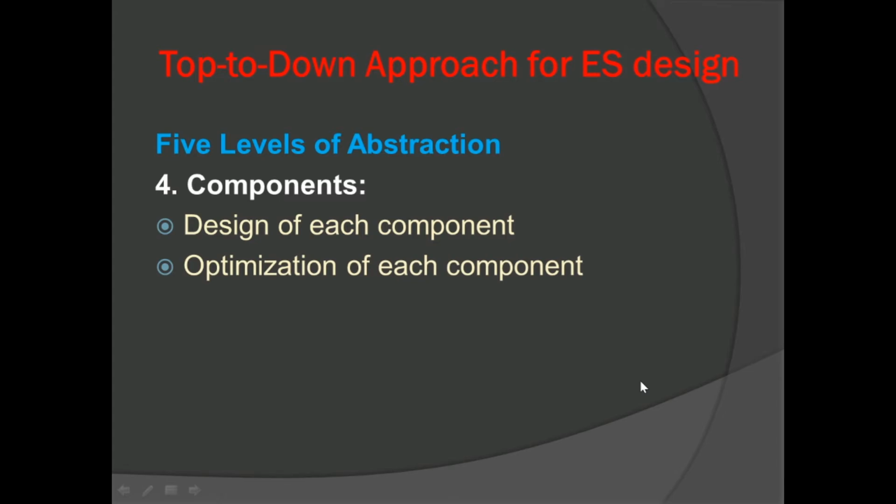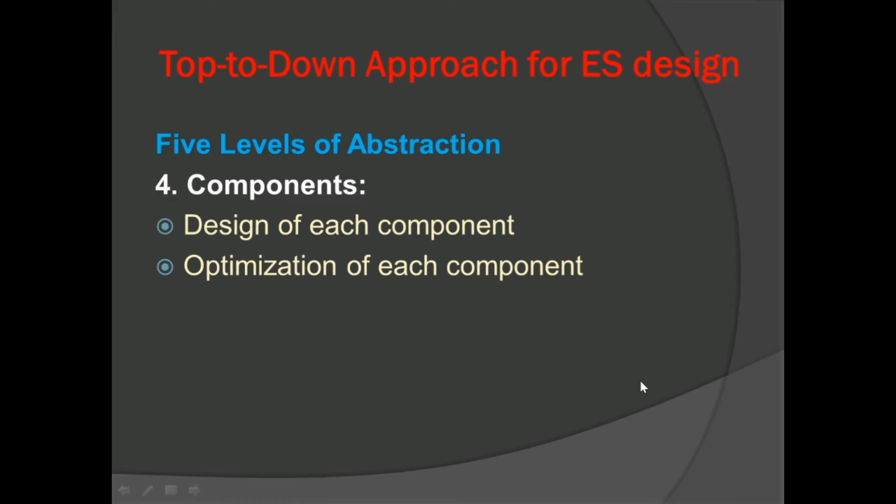Now the component level, this is the fourth layer, which is the component level design. The question at this stage should be, what shall be the design of each component, right? And there is also an additional challenge, or I can say a requirement of an embedded system, which is the optimization of each component as far as memory and power dissipation are concerned, right?